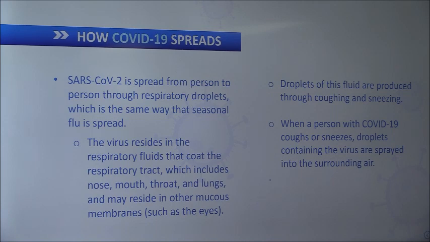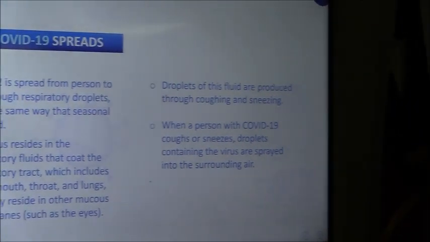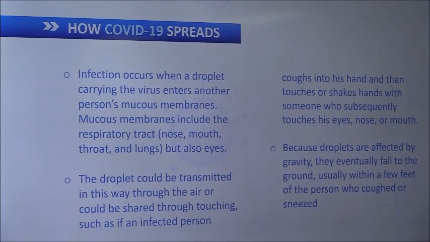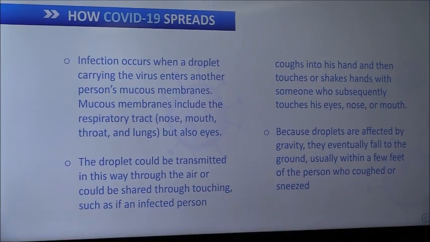Current understanding of this spread is largely based upon what is known with other similar coronaviruses. Infection occurs when a droplet carrying the virus enters another person's mucous membrane. Mucous membranes include the respiratory tract, nose, mouth, throat, and lungs, but also the eyes.